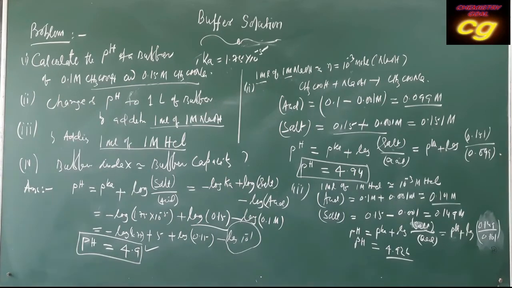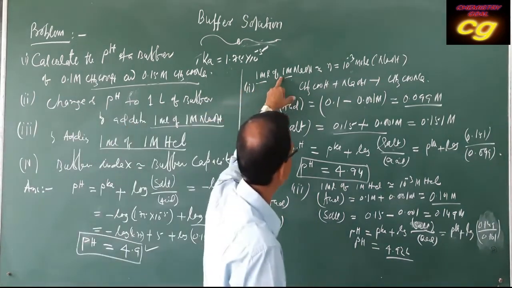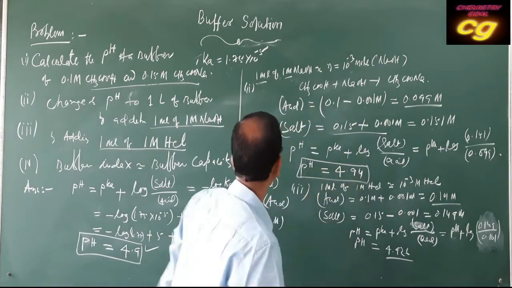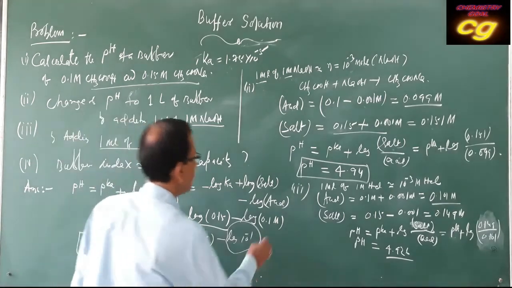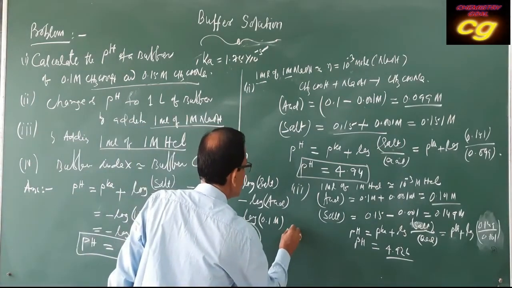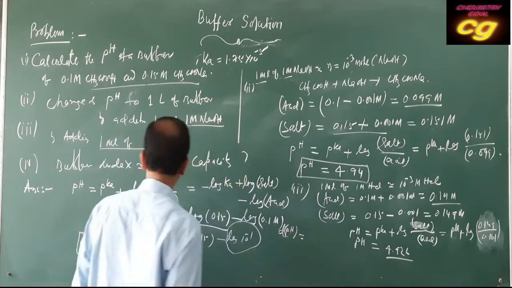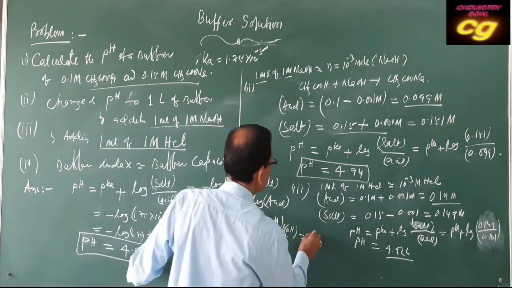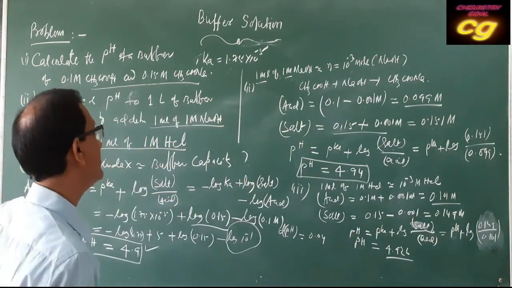Okay. In the first case, earlier the pH was 4.9, and when base is added, pH is 4.94. How much increase? 0.04. In the first case, pH is increased: dpH is 0.04. In the second case, pH is decreased.